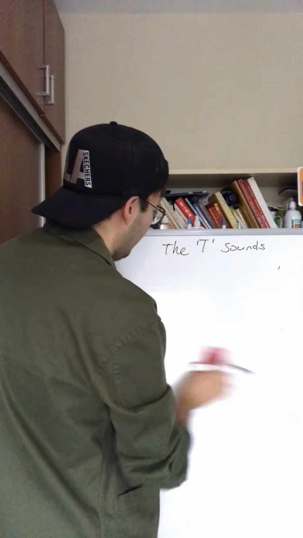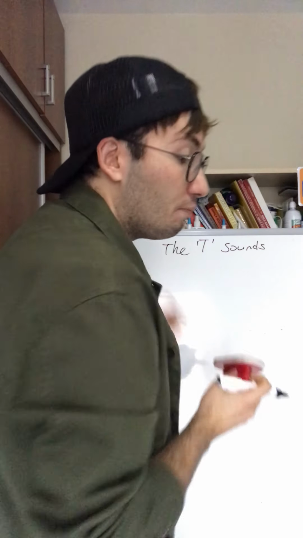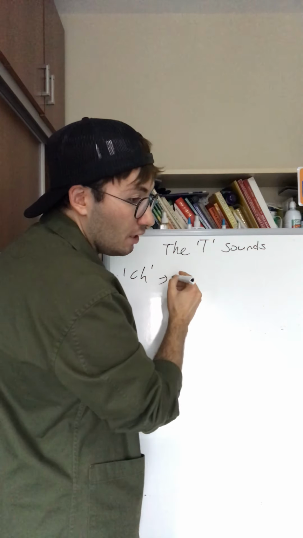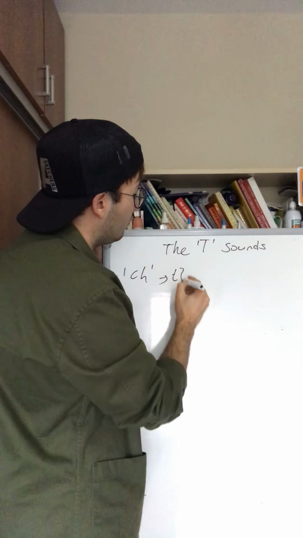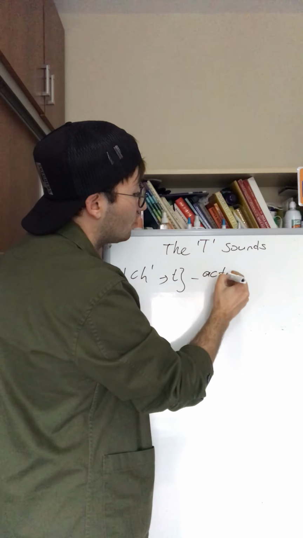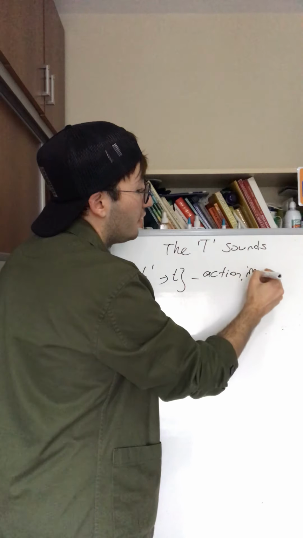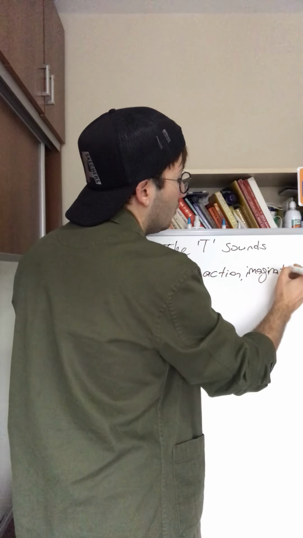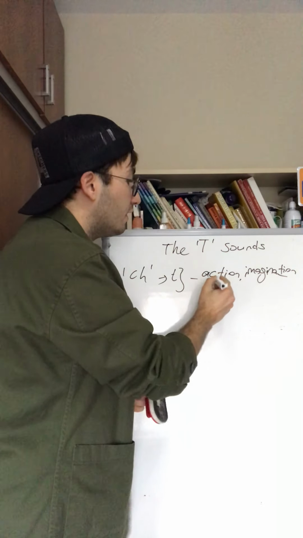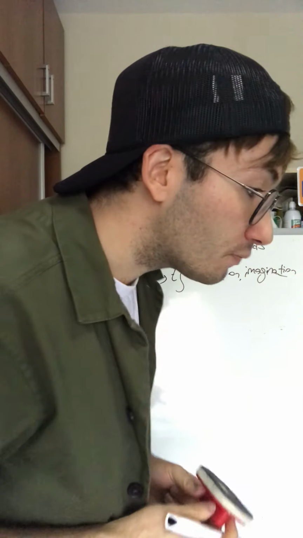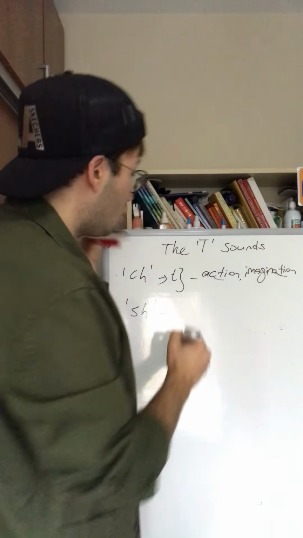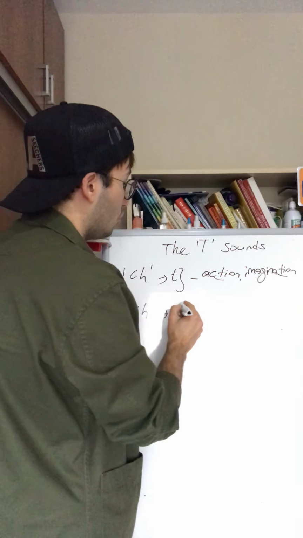And we have two more things. There is also T, and you pronounce it like ch. We say it like this, ch, and it is, for example, action, or imagination. There's a T here, but we say imagination, or action. And we have one more, and it's pronounced like sh.